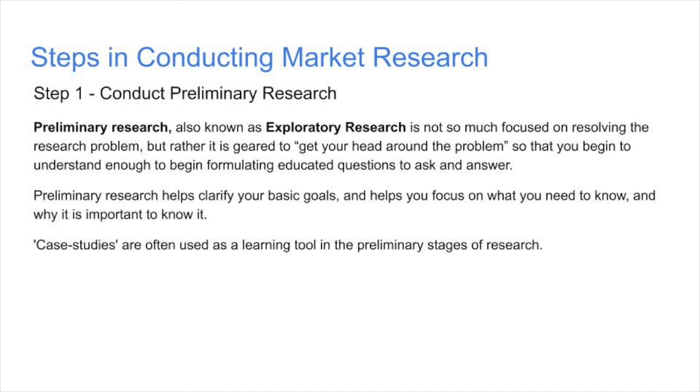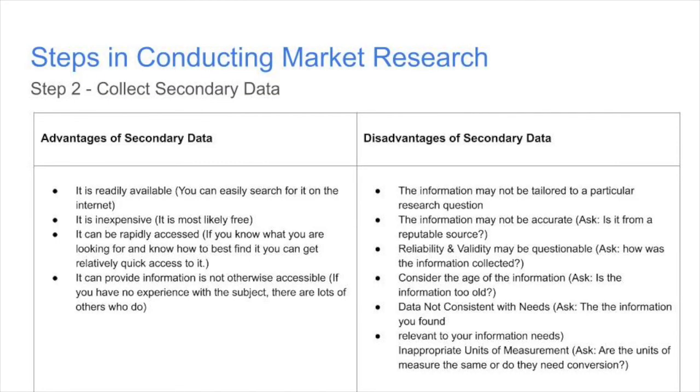Okay, now, once you have an understanding of the situation, then you can move on to the second stage. And the second stage involves going out and collecting something called secondary data. Now, secondary data is going and getting as much information about your problem or your particular research issue from somebody else.